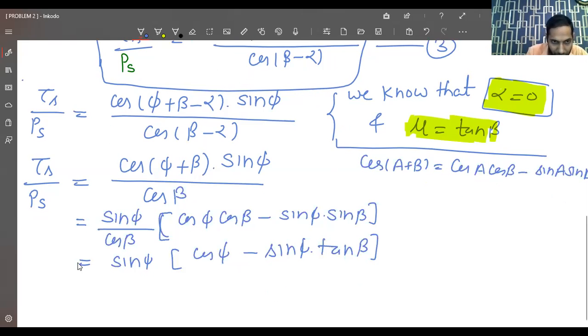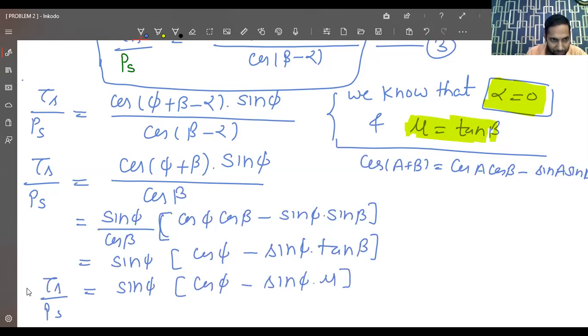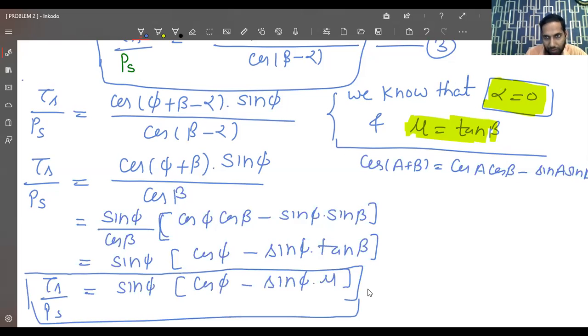So now if I put the value, it will become sin phi into cos phi minus sin phi into mu, since mu is equal to tan beta. So it will become tau s by ps is equal to sin phi cos phi minus sin phi into mu. This is our equation number 4.